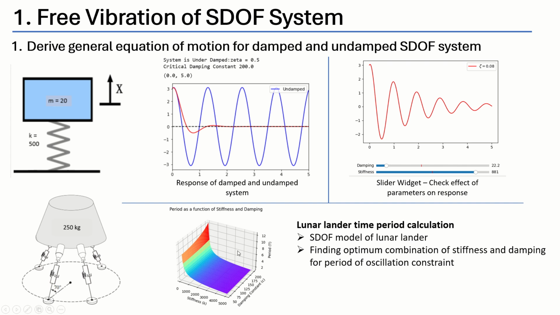You can see this kind of plots we'll study, and we'll find the optimum combination of stiffness and damping values for this lander, where we'll have a specific time period of oscillation, or optimized period.